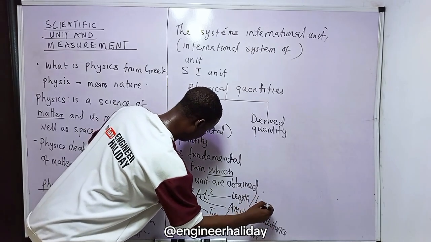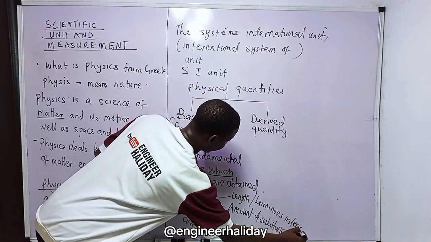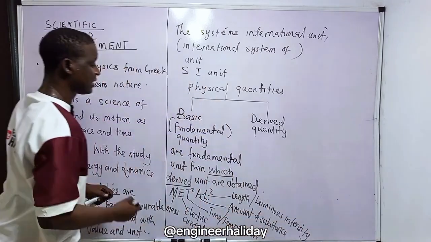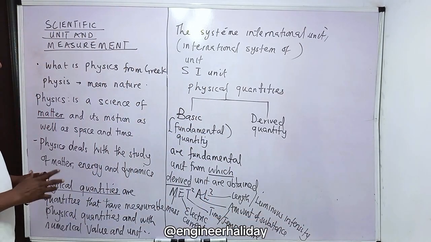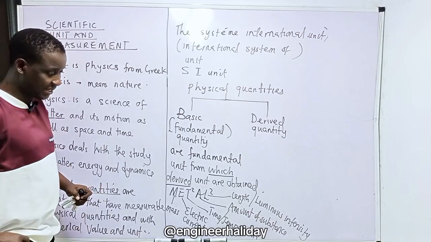Then the last S is luminous intensity. So these are the 7 basic fundamental quantities in physics.